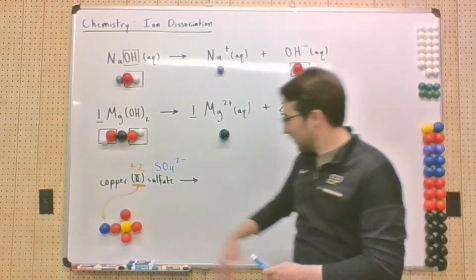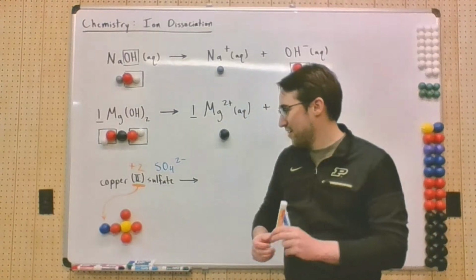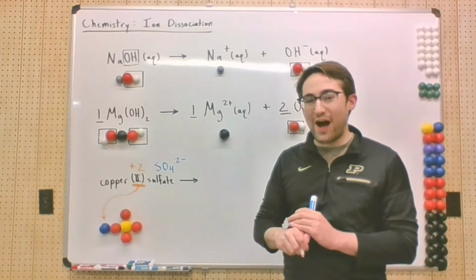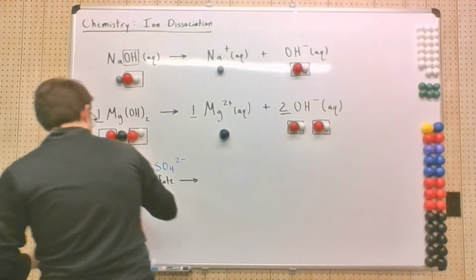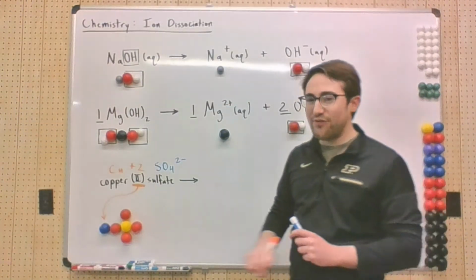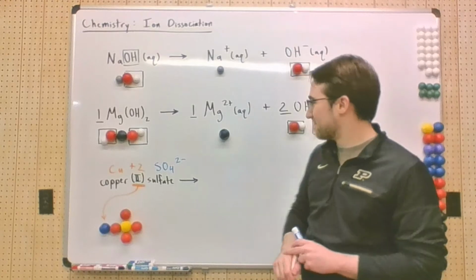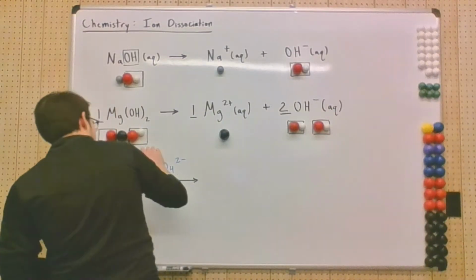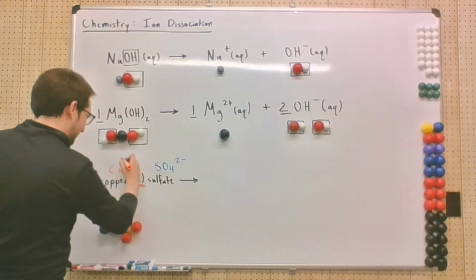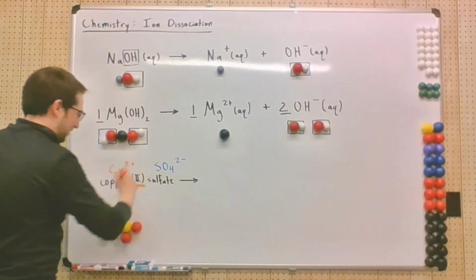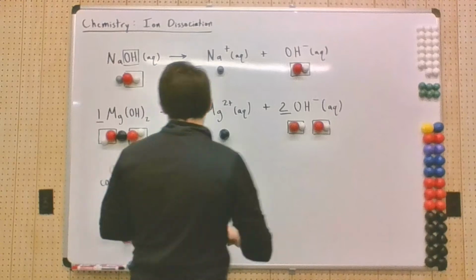Okay, so the 2 things we're trying to put together here are a copper ion with a positive 2 charge and a sulfate ion with a negative 2 charge. We typically write charges with the number first. So Cu2+ and SO4 2-.